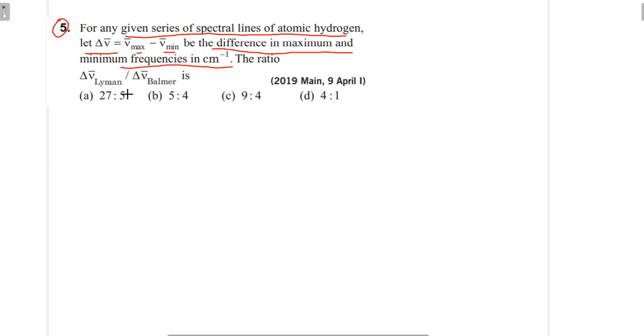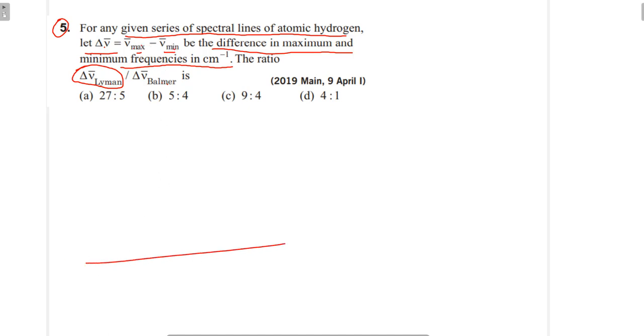Okay, understood the question first of all? In the Lyman series, nu bar difference for maximum minus minimum upon Balmer series के लिए maximum minus minimum.